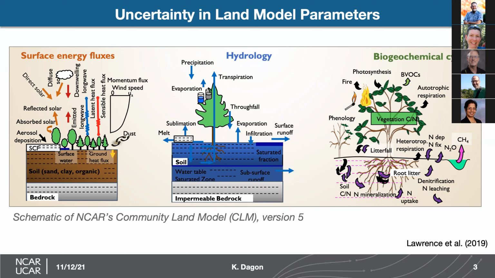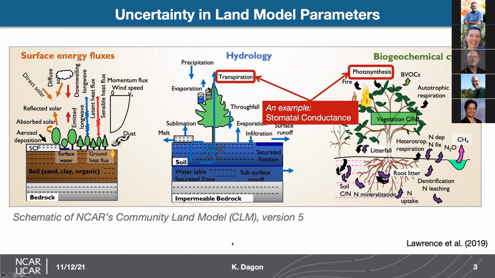There's a lot of complexity in this model, and there are a lot of different parameterized processes, as many of us are probably familiar with. But just to show a concrete example, one parameter that we're particularly interested in has to do with model conductance, so the trade-off between transpiration and photosynthesis.